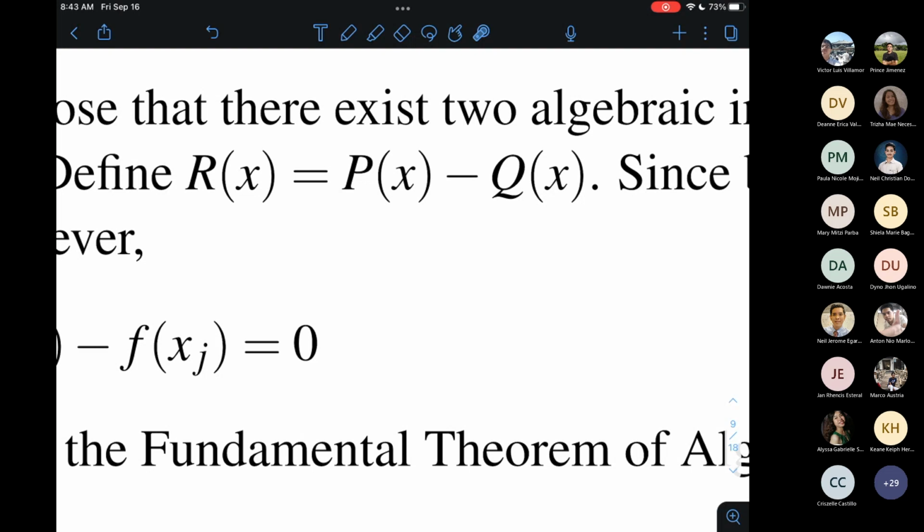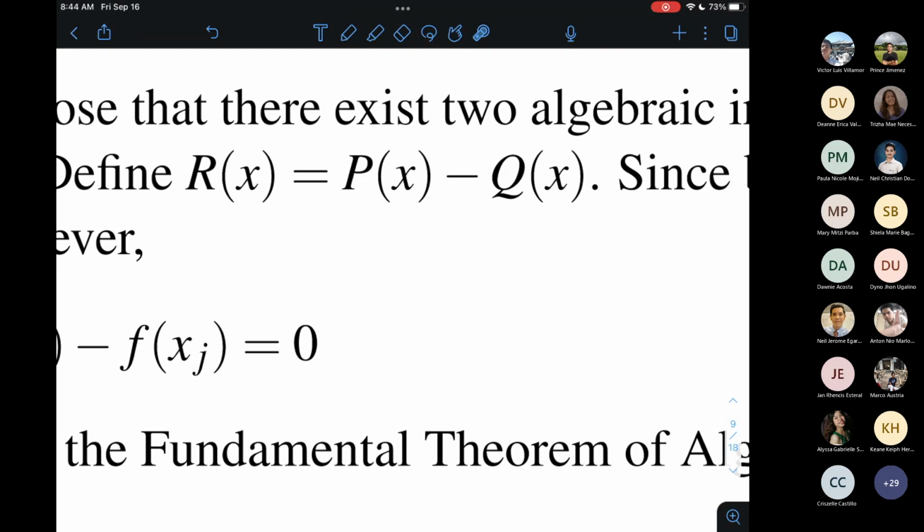All right, thank you, Jace and Christian. Elgin and Victor, medyo edit yung answers nyo. Ano? Si P ay degree no more than n. Si Q ay degree no more than n. So ibig sabihin si R, ang degree niya rin no more than n. We are subtracting two polynomials of degree na hindi lalampas kay n.